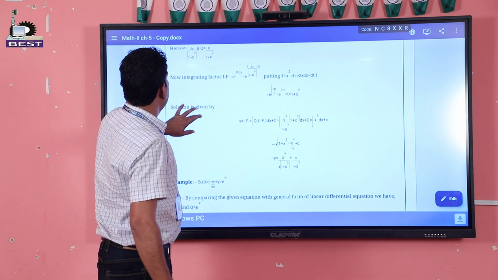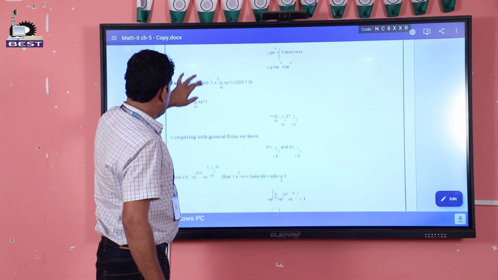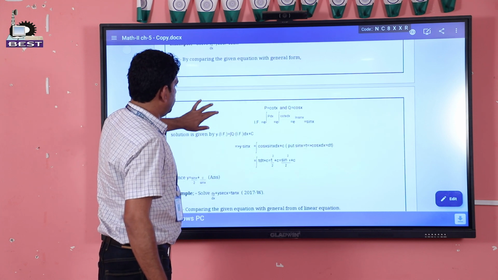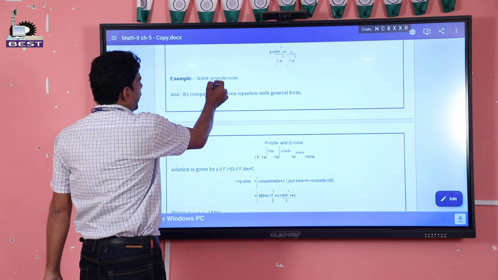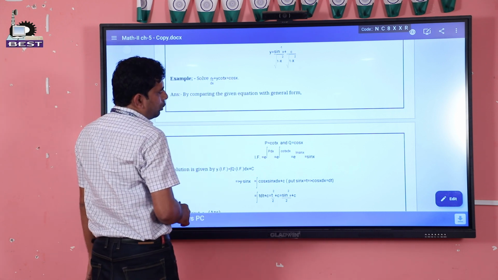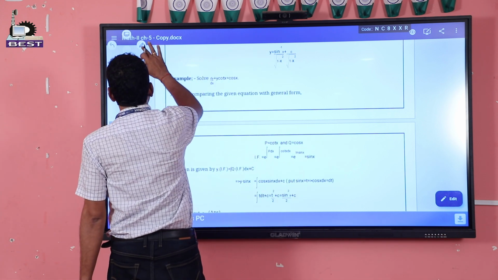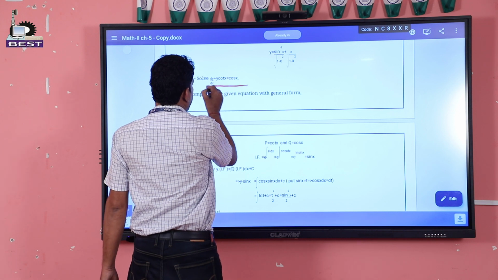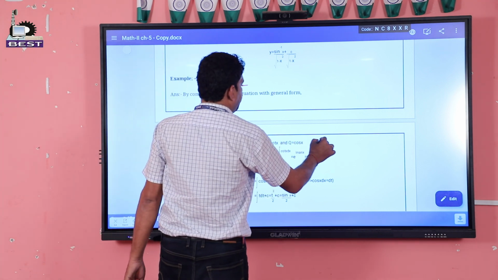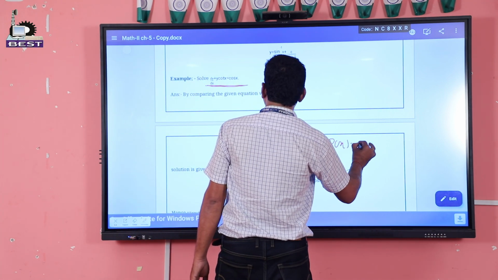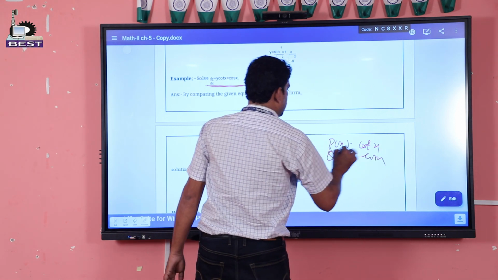This gives the general solution of the differential equation. Such type of solution we go for. This is the equation dy by dx plus y cot x equal to cos x, which is a linear differential equation of y with respect to x, where p of x equals cot x and q of x equals cos x.